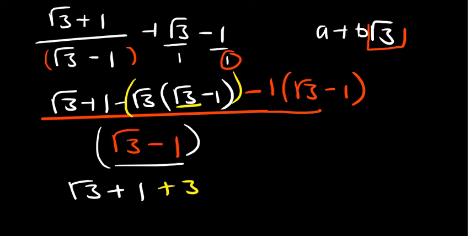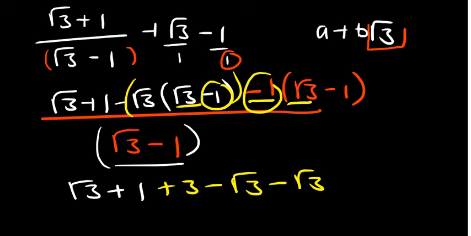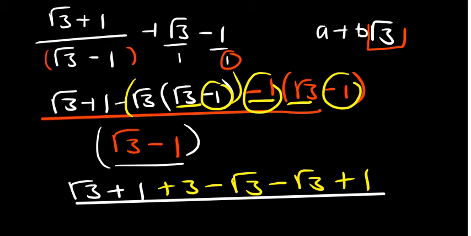Root of 3 by a negative 1 is going to be minus root of 3. The other part, negative 1 by the root of 3 is going to be minus root of 3. Negative 1 by negative 1 is going to be a positive 1. This is all supposed to be divided by what? Divided by the same expression that we have on the denominator there, which is the root of 3 minus what? 1.